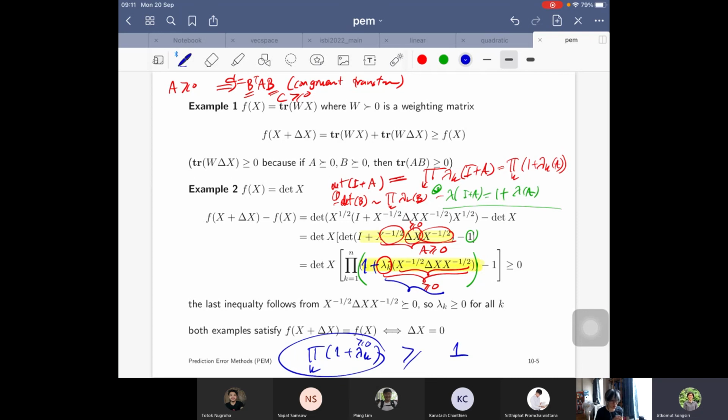Right, each of those terms is 1 plus something non-negative, so the product is always bigger than 1. So this term is always non-negative, and the determinant of x is also non-negative, because that's the assumption that your x is non-negative. That's why we have proved that this f has a monotonically increasing property. The determinant function is increasing.